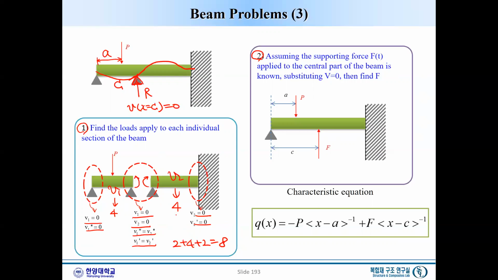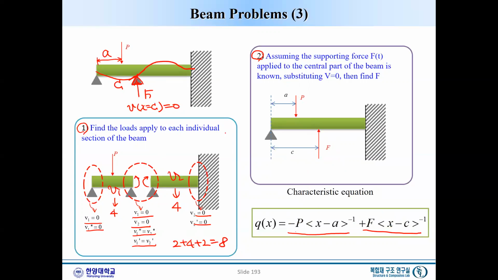But as you can see, this is relatively more complicated than the second method, so I recommend you to use the second approach. In this approach, the distributed load can be written using the singularity function like that, F is x minus c, where the load is applied.